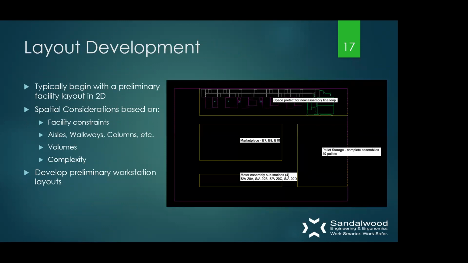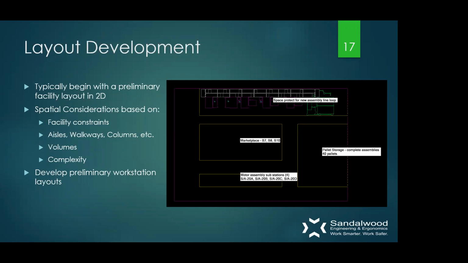Another area where we spend a lot of time with our clients is in layout development. So you don't necessarily need to begin with a 2D layout, but many of the clients we work with are still working at some level in AutoCAD or some other 2D drawing package to draw the facility layout. And that would have information about aisles, walkways, columns, where the marketplaces are located.